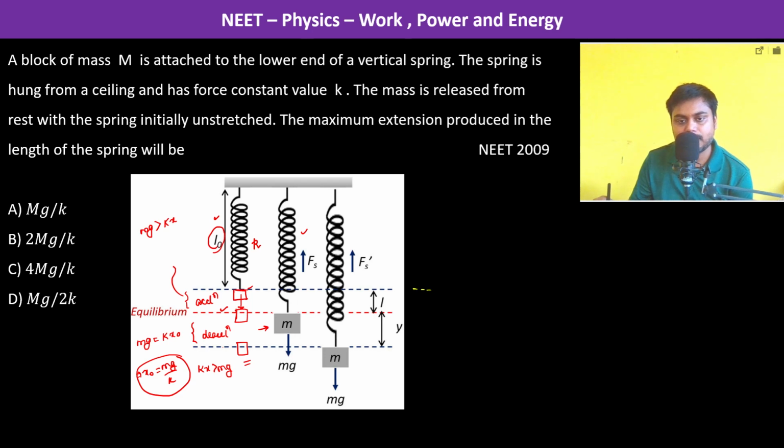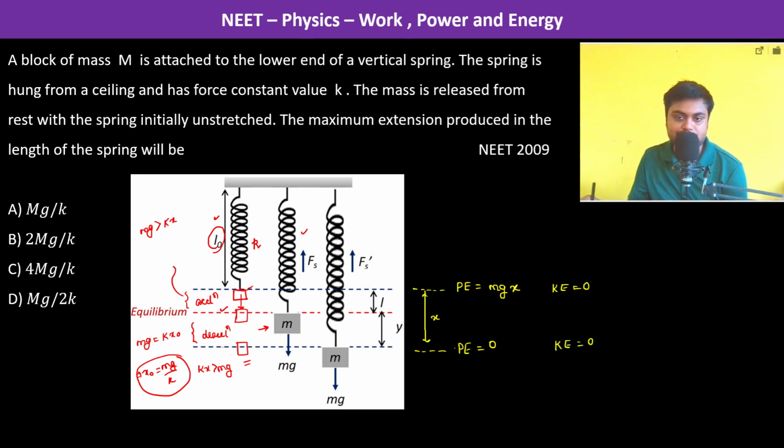At this level, the potential energy is mg, and let us say it has come down till here, so we write it as mgx. Kinetic energy is 0. Now here the potential energy is 0, kinetic energy is also 0.